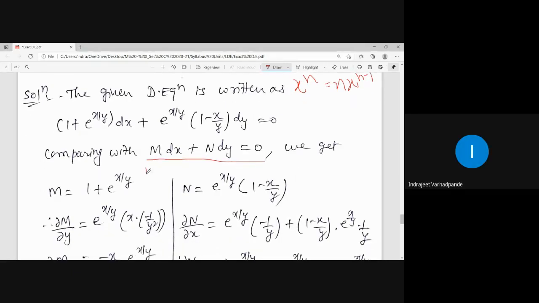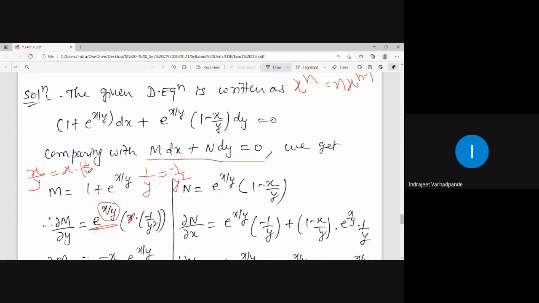What is the derivative of 1 by y? Simple, minus 1 upon y square. Derivative of 1 by x is minus 1 upon x square. So derivative of 1 is 0, e to the power u. Derivative of e to the power u is e to the power u into the derivative of this x by y, out of which x will be constant. In x by y, if x is constant, then the derivative of what is to be taken? Of 1 by y.